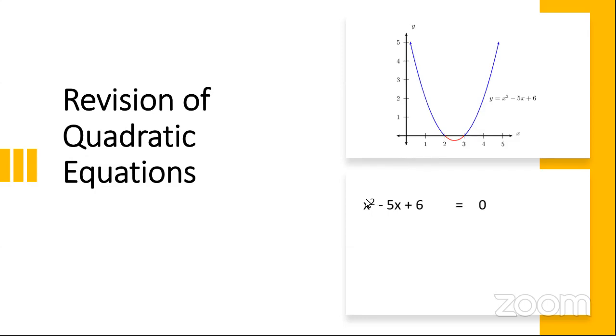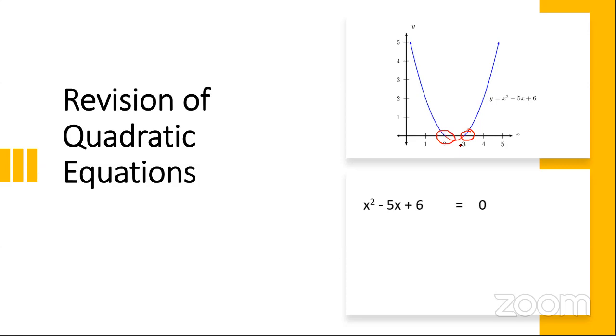So here's our graph, guys, and I have depicted this very equation on it, and I have made y 0. I'm asking you, where y is 0, what is x? It's very clear from the graph that where y is 0, there are two possibilities for x: x could either be 2 or x could be 3.